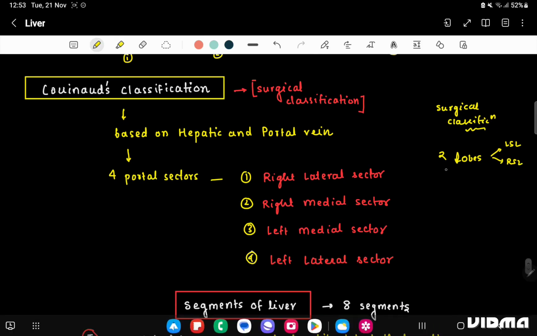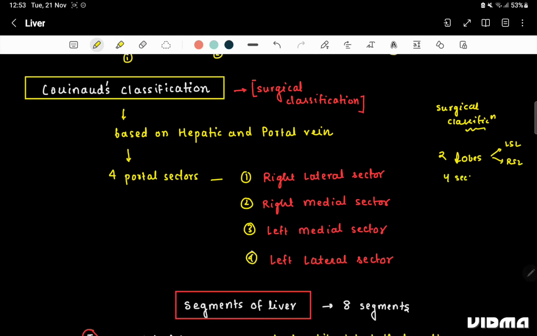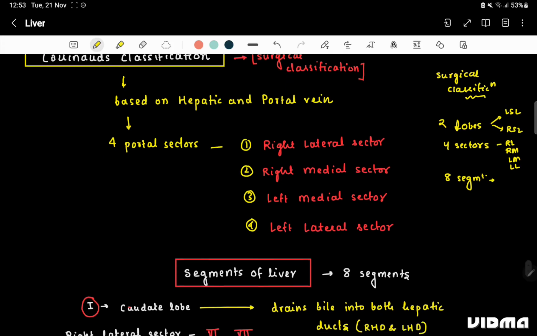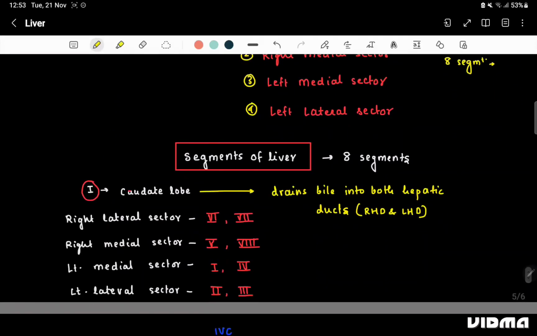We have 4 sectors, that is your right lateral, right medial, left medial, and your left lateral. And then you have segments, that is 8 segments. The 8 segments are your first segment, second segment, 3rd, your 4A, 4B, your 5th, 6th, 7th, and 8th.